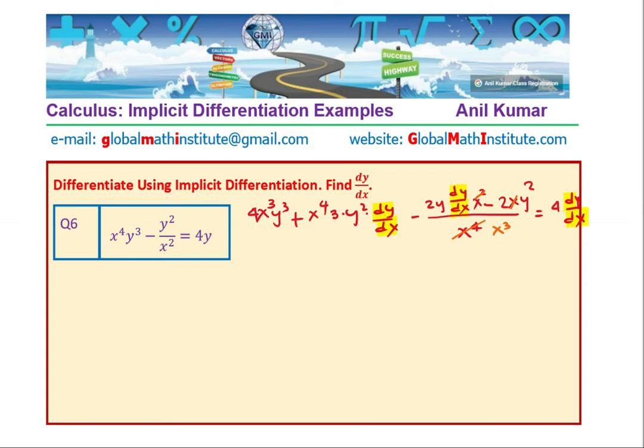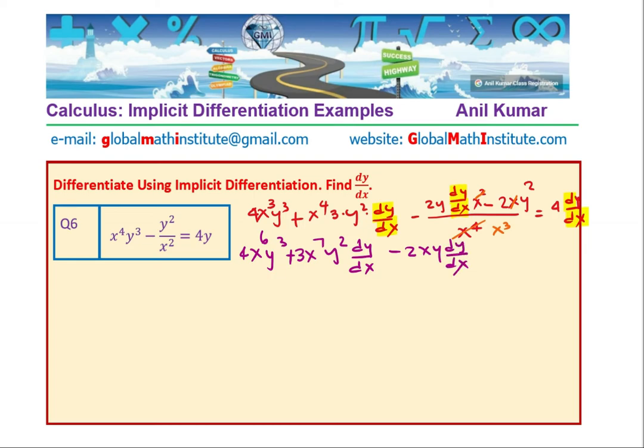So I'm using a different ink. Multiplying by x cubed, we get 4 x to the power of 6 y cubed plus x to the power of 7, 3 is the number, let me write 3 before it, y squared dy/dx, correct? Open the bracket. Minus 2 x y dy/dx.